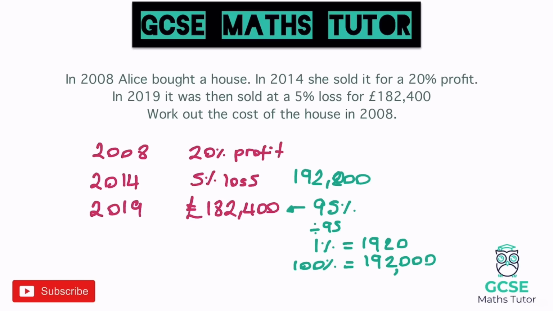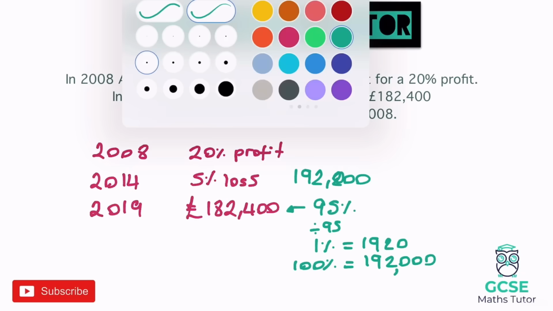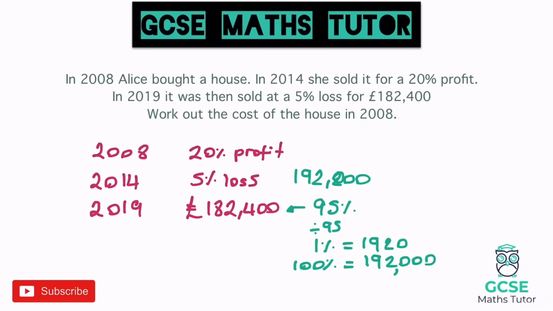And then we've got to think about the original sale in the first place. So that means that 192,000 there was at a 20% profit. So if that was a profit to Alice in the first place, then to her this amount of money was 120%. Okay, it was 20% more than she originally paid for it. So we can follow exactly the same approach now. If that's 120%, we would divide that by 120 to give us 1%.